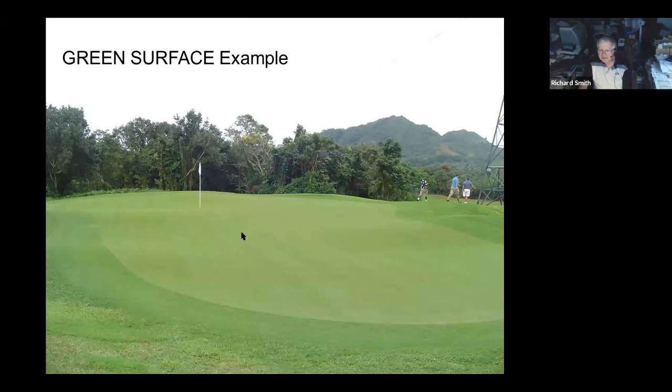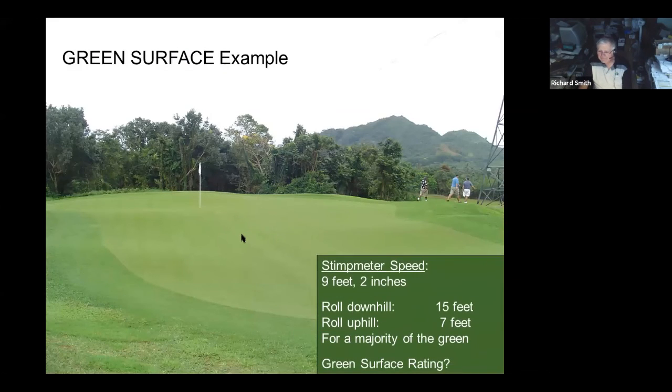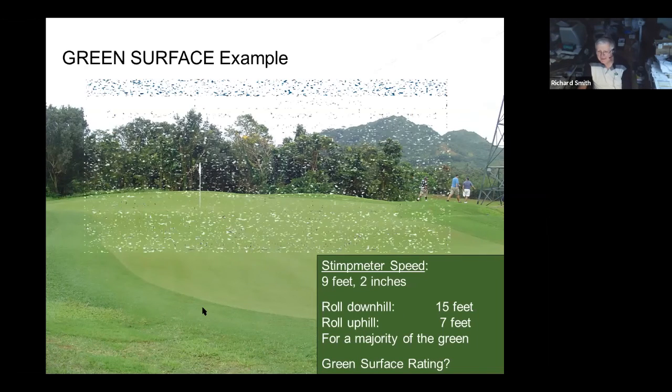All right, here's an example. Stimp meter speed, 9'2" is the average. The roll downhill is 15 feet. The roll uphill, 7 feet for the majority of the green. What's the green surface rating?